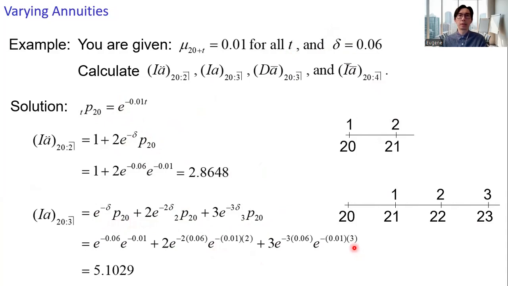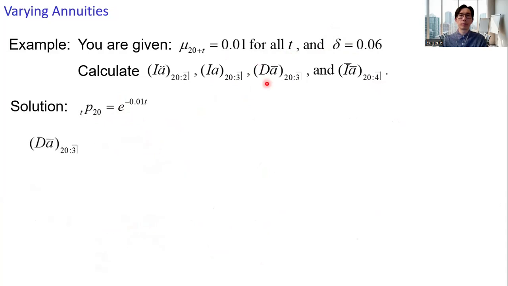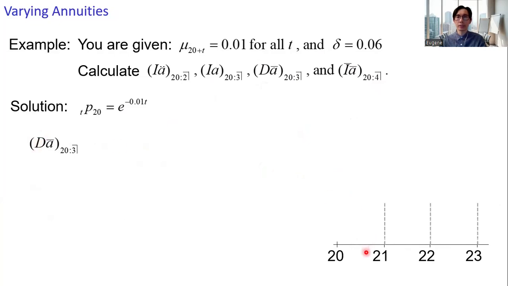The next part is a 3-year term, annually decreasing continuous annuity. So in the first year, this is a decreasing annuity, and the payment rate is 3.